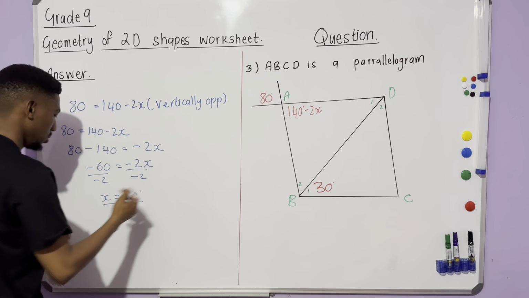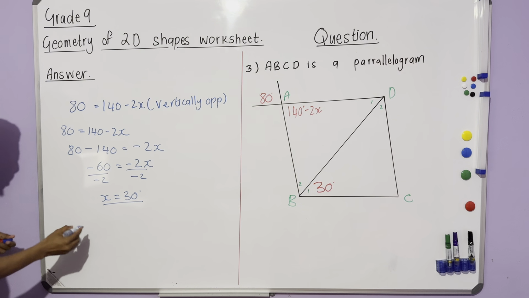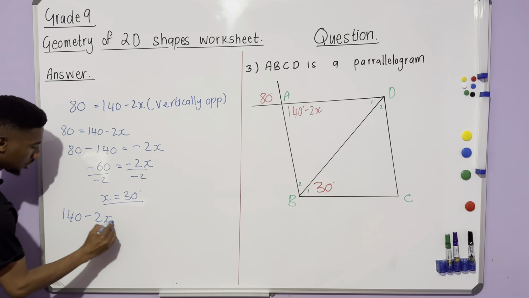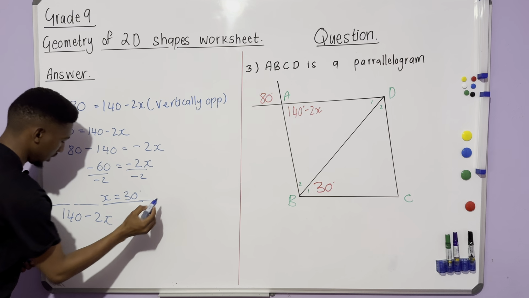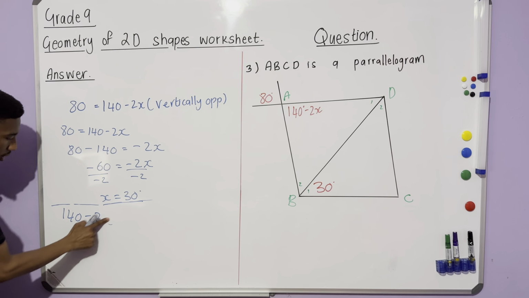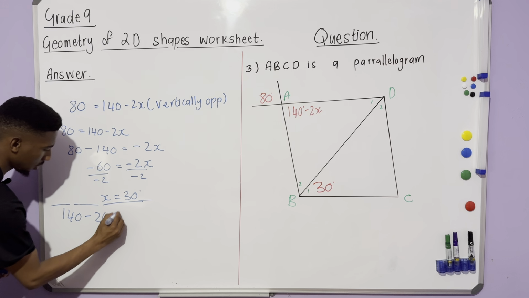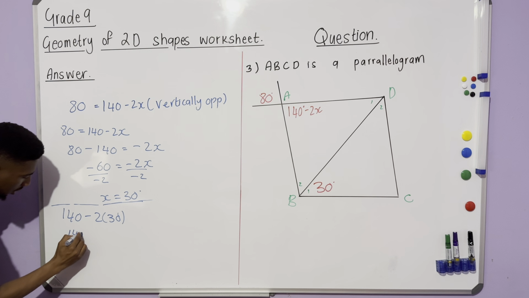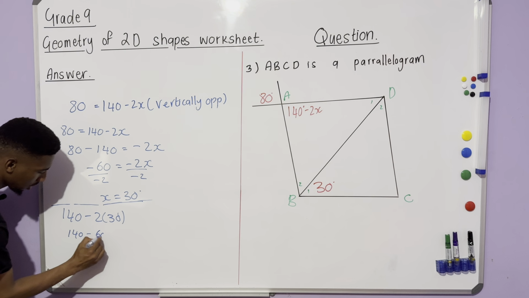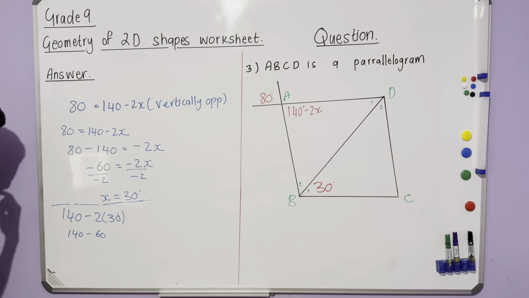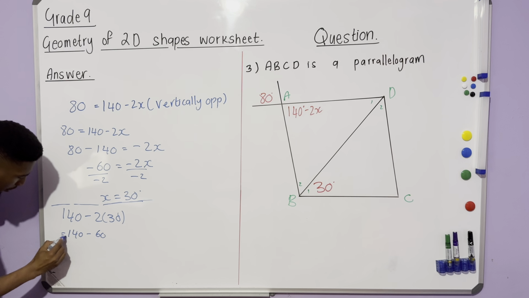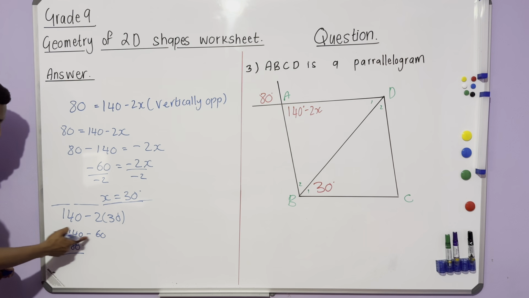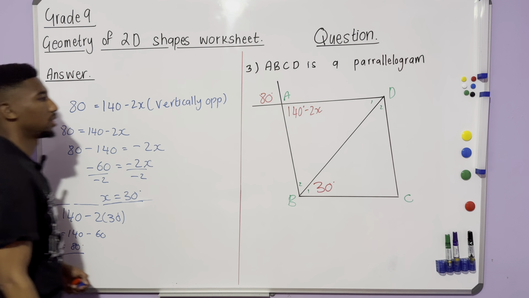X is 30, so I'll replace the x with 30. So I have 140 minus 2 times 30, which is 60 degrees, and then I'm left with 80 degrees. 140 minus 60, that is 80 degrees.